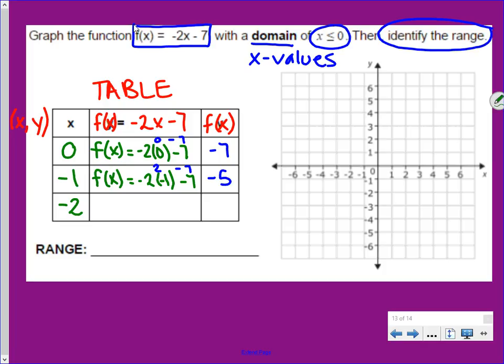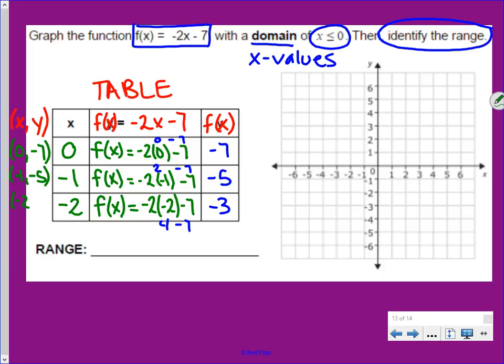F of x equals negative 2 times negative 2 minus 7. Negative 2 times negative 2 is 4, minus 7 gives us negative 3. So now we have our ordered pairs, our coordinate points. We have 0, negative 7; negative 1, negative 5; and negative 2, negative 3.